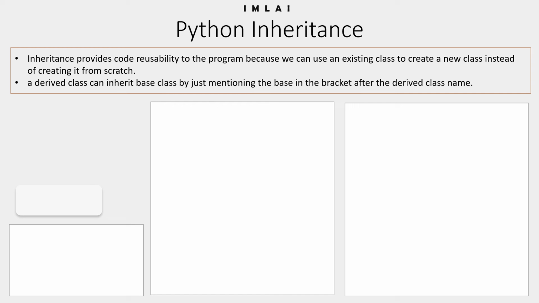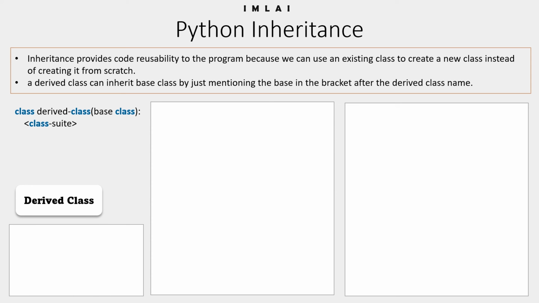That's our super class. So you write class, the derived class name, and then use parentheses. Inside that you write the name of the base class or super class.